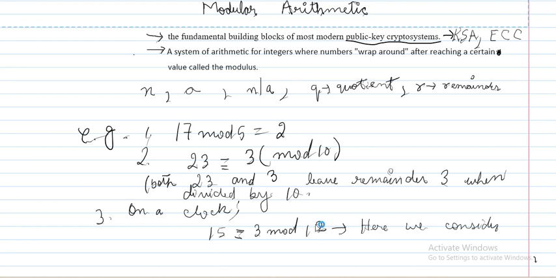Then 16 is congruent to 4 mod 12, and 13 is congruent to 1 mod 12. So on, we can write this for the 12-hour clock.